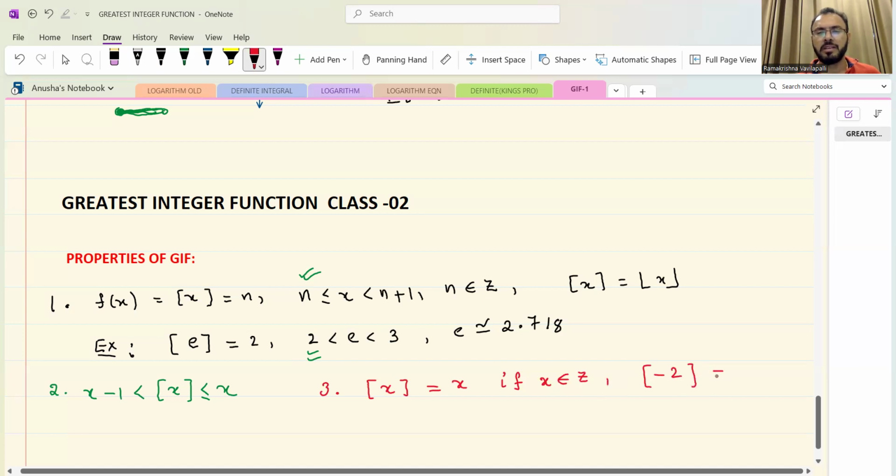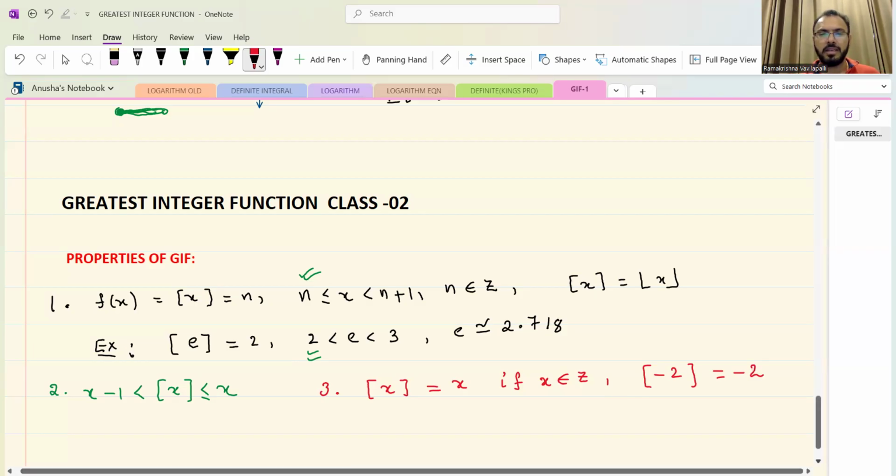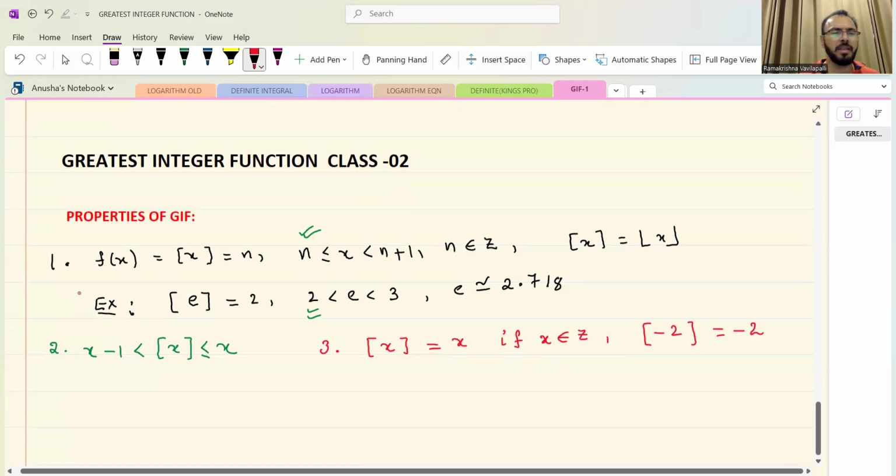It is just minus 2. Here you remember that the output is always an integer, which means the range of the function is the set of integers. This property is very, very important.